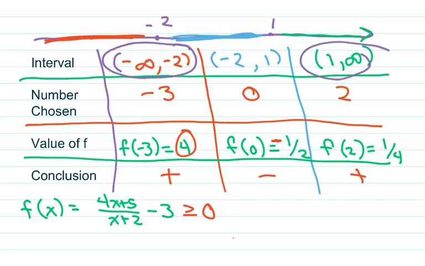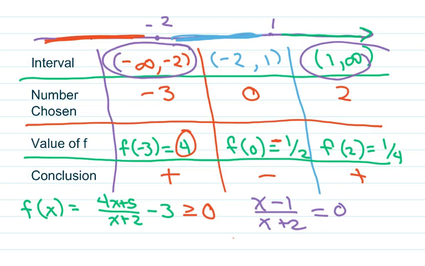So the way you write your solution set is, it's not strict, so numbers must satisfy the equation also as (x - 1)/(x + 2) equals 0. That's what it means to be non-strict.